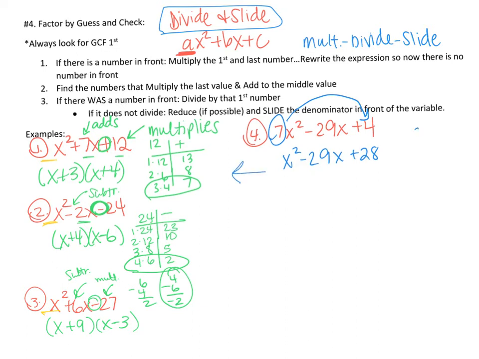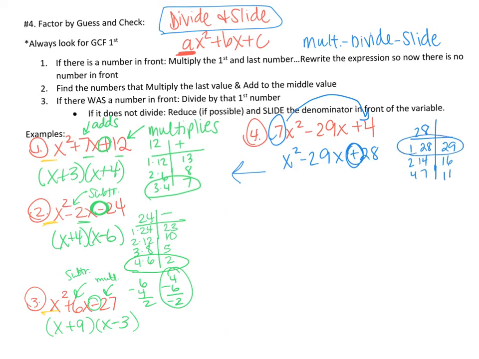So now I want numbers that multiply to 28 and add up to 29. So I want 1 and 28, 2 and 14, 4 and 7. 28 and 1 is 29, 14 and 2 is 16, 7 and 4 is 11.